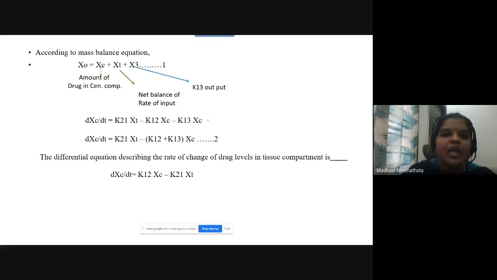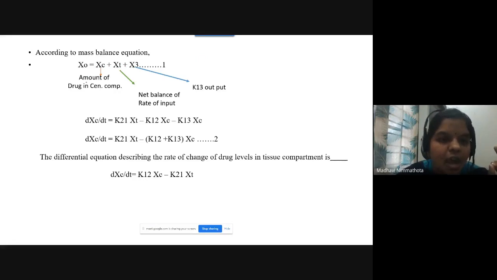Then according to the mass balance equation, your derivation comes. According to the mass balance equation, for the drug which follows IV bolus administration when given through the two compartmental open model, everyone has to write this equation: X0 equals XC plus XT plus X3.